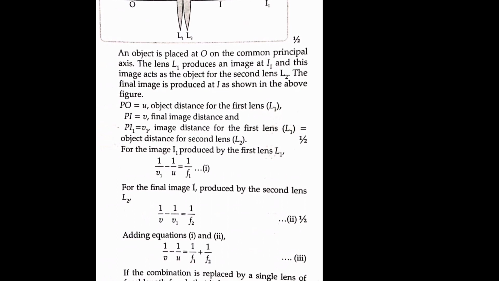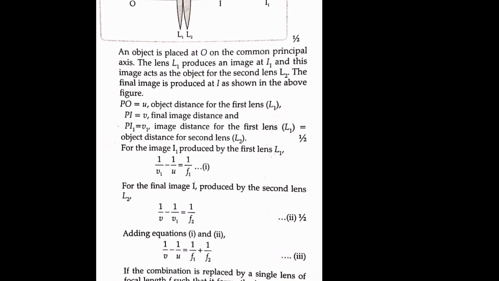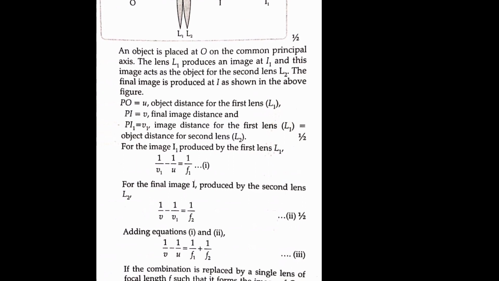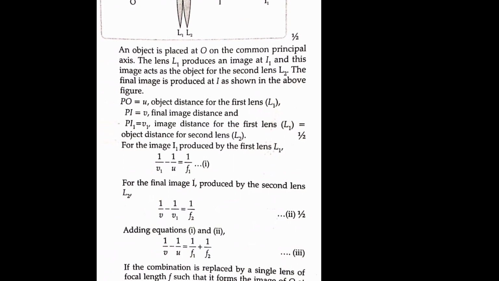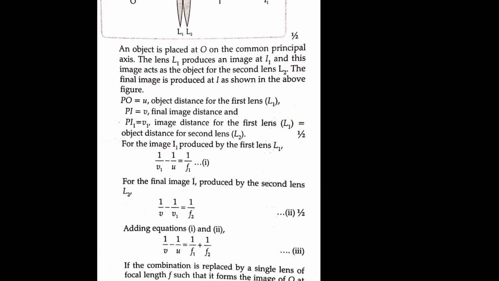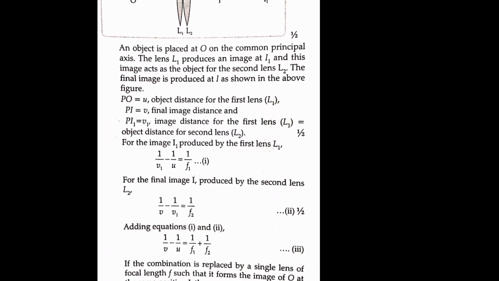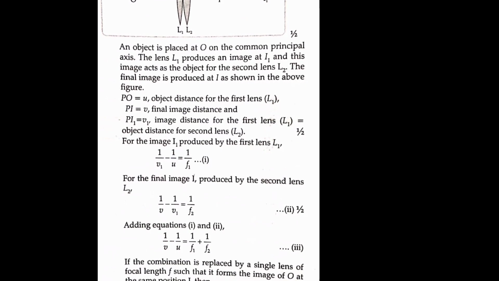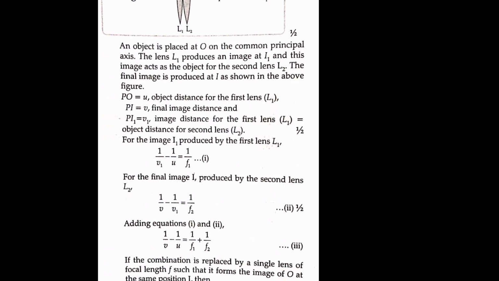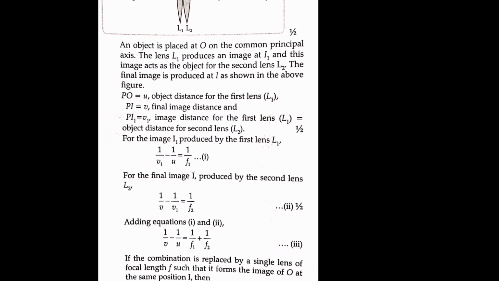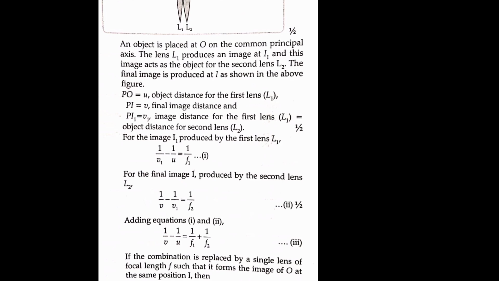The first image is acting as the object for the second lens, right? So V1 will be the object distance. So we can write 1 by V minus 1 by V1 is equal to 1 by F2. That is our second equation.